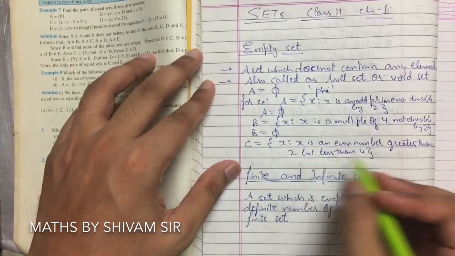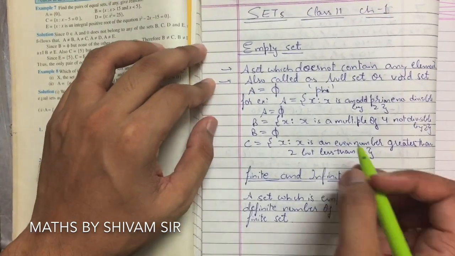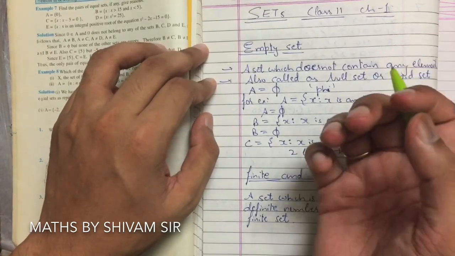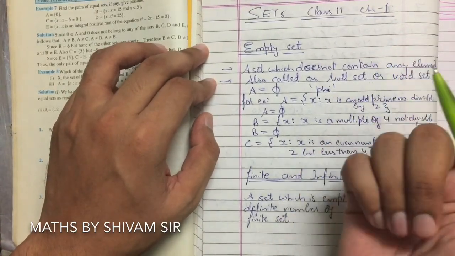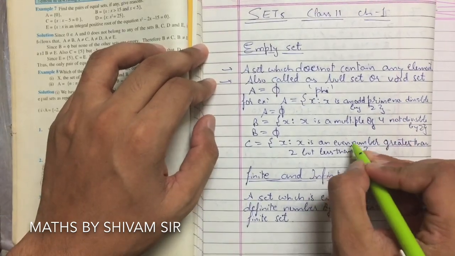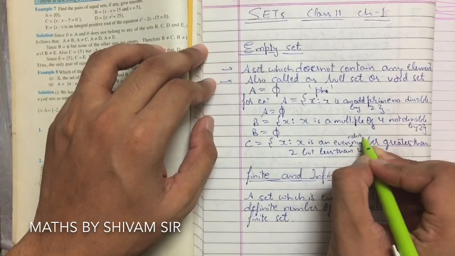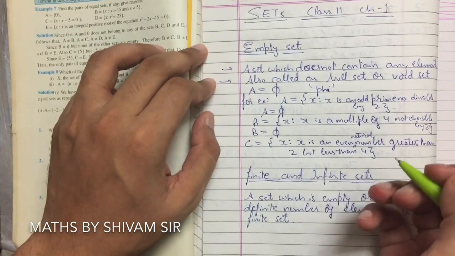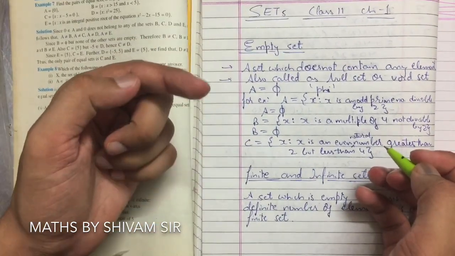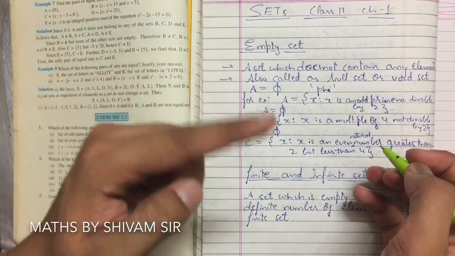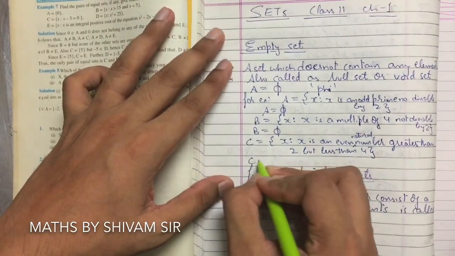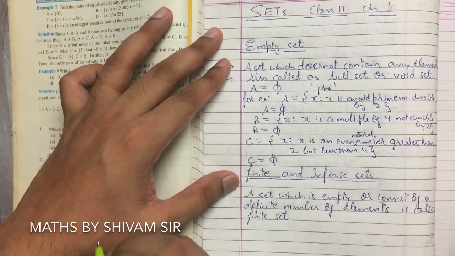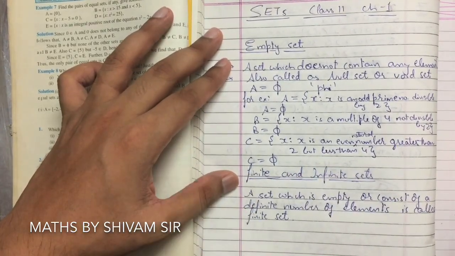The only number greater than 2 and less than 4 is 3, which is an odd number, not even. So this set is also an empty set, and you can write C is equal to phi. I hope the empty set is clear to you all.